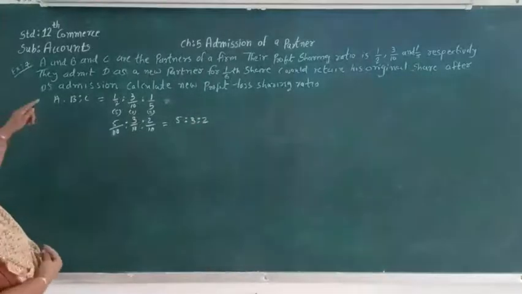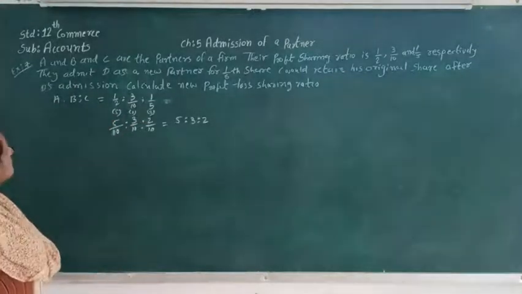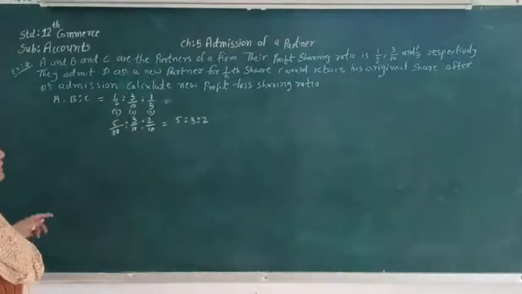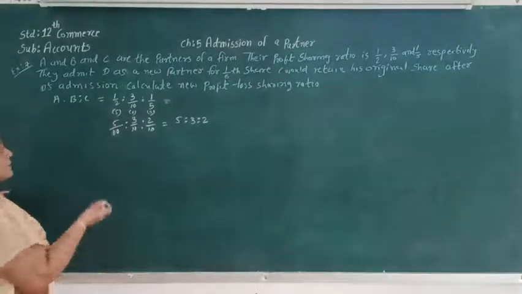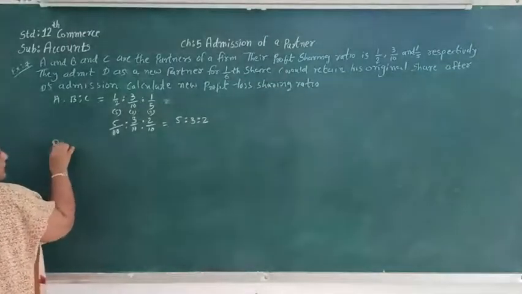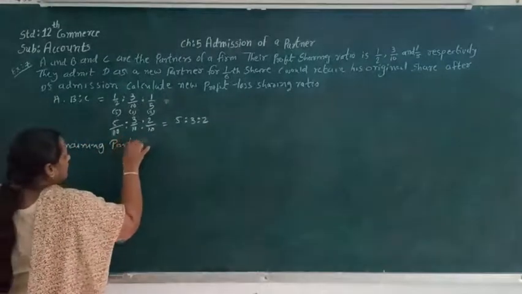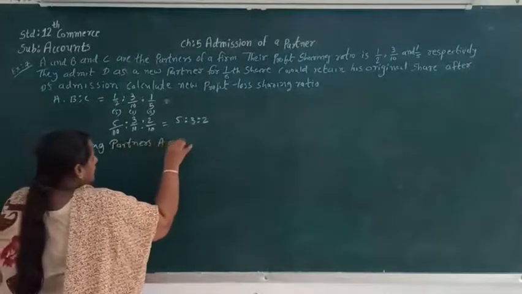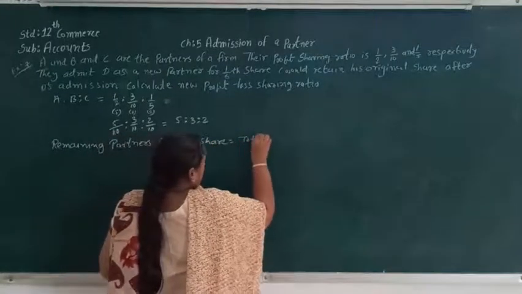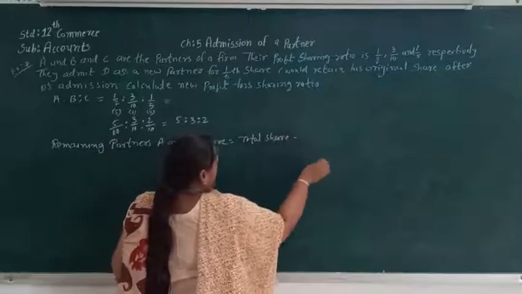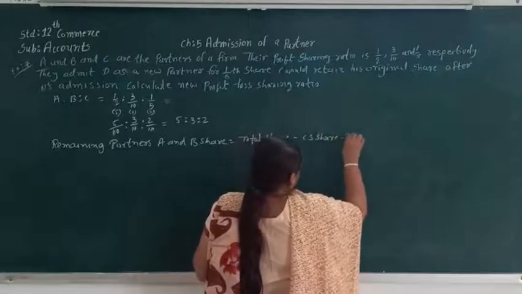Now they are telling us that D is going to take the 1/6 share and C is going to continue with his original share. So here we have to find out the remaining partners' share. So for that, remaining partners A and B's share is equal to total share minus C share minus D share.